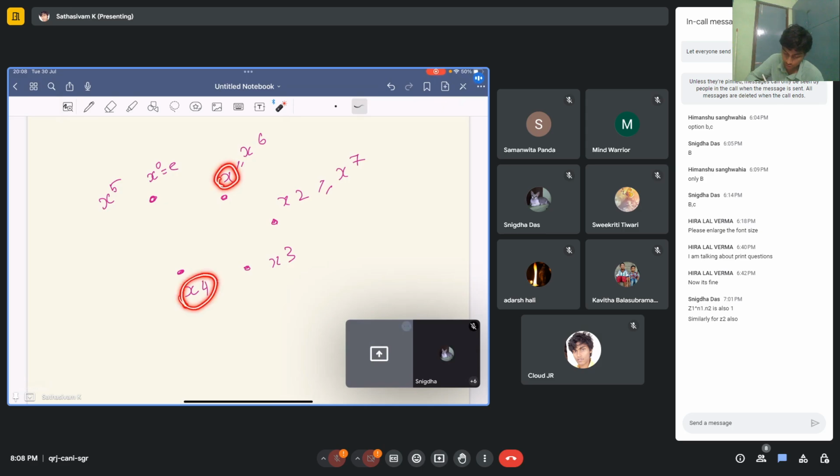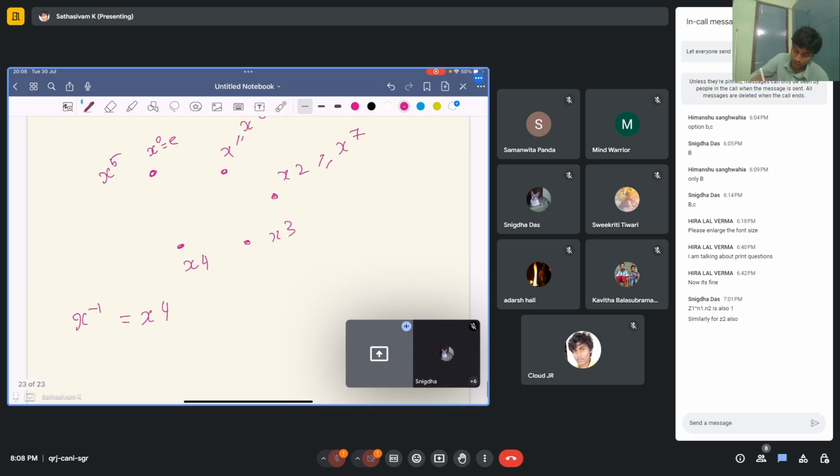The inverse of x is x power 4, because x power 5 is identity. But x power 4 is also equal to x power 9. One may think x power 4 and x power 9 are both inverses, but they are the same element. As an element they are the same, but you can write it in different ways.